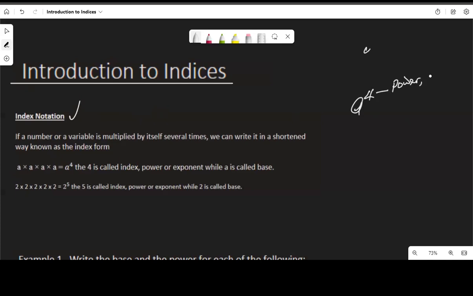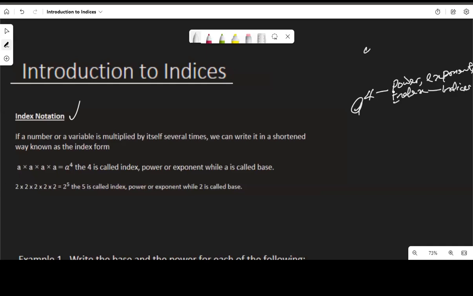Another name for that is exponent. And another word for that again is index. It is from this word index that we get the word indices. Indices is the plural of index.